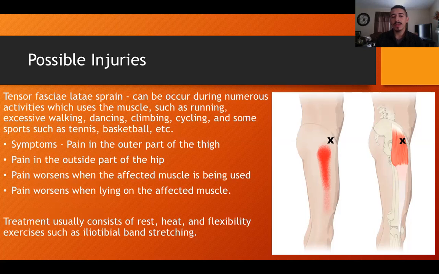Pain worsens when the affected muscle is being used, and pain worsens when lying on the affected muscle. Treatment for this usually consists of heat, rest, and flexibility exercises, such as iliotibial band stretching.